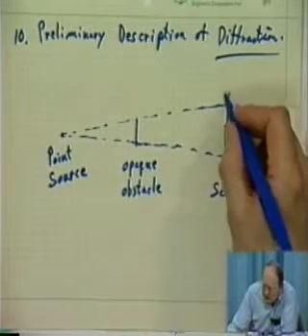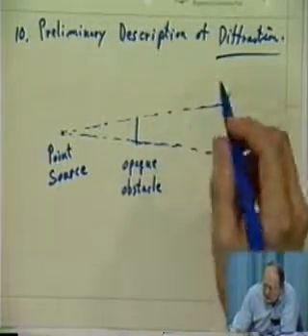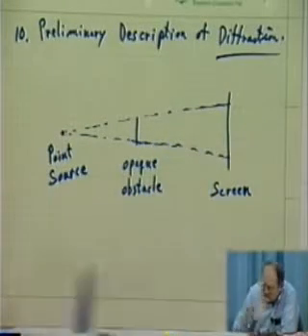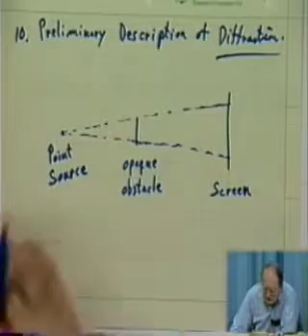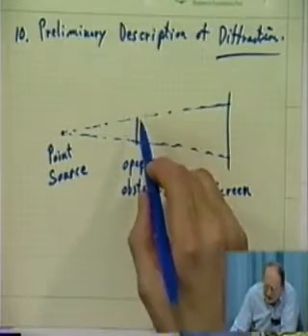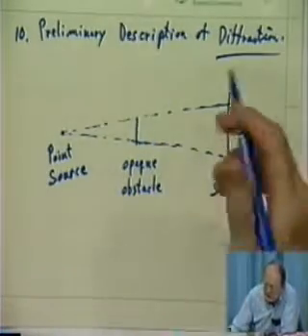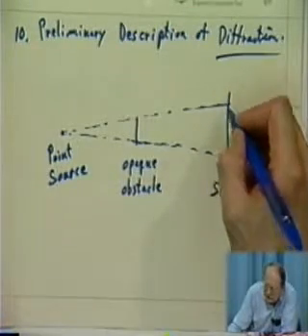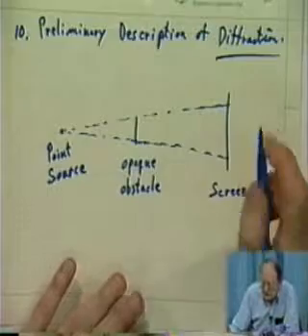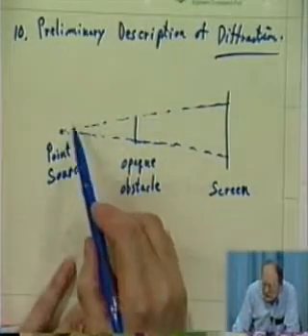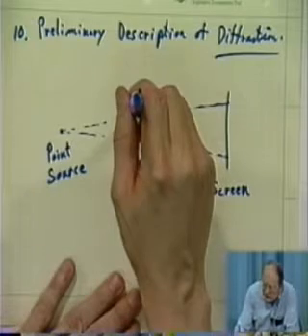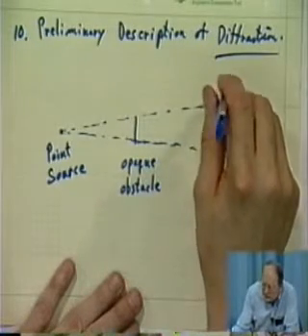And if I were to put my eye here and look back, what I would see is that the edge of this opaque thing really is bright, okay? It's acting like secondary sources. And if we go through and calculate these interference fringes we get here, it's going to be just like having this beam going along and another wavefront coming from the edge of this shadow, and that's producing interference fringes outside here.